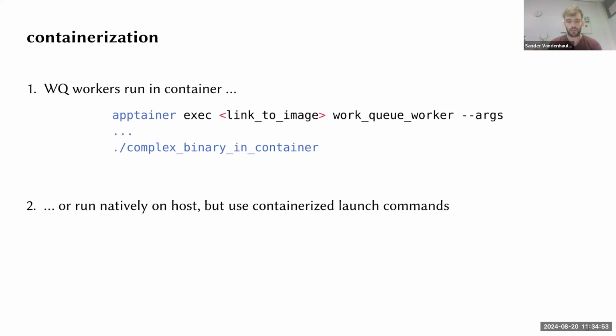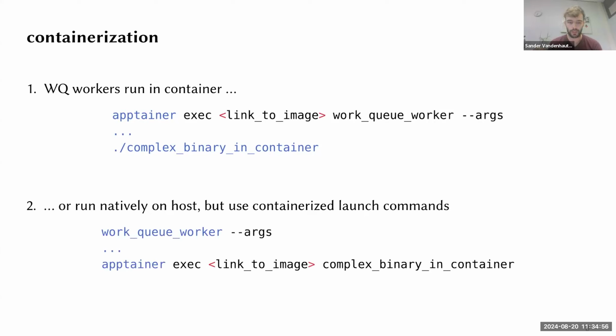You can also choose to run the worker using the host installation of CC tools, but then have the user supply a very long launch command, in which case the launch command is not just the binary, but wrapped in the container. This gives more flexibility. It also avoids the need to have Parsl and whatever other dependency installed in your container. But I found the two cases to be useful in different scenarios. So psiflow actually uses both.